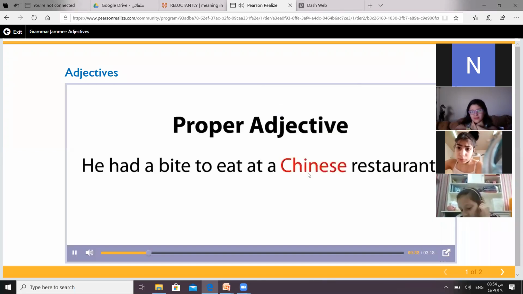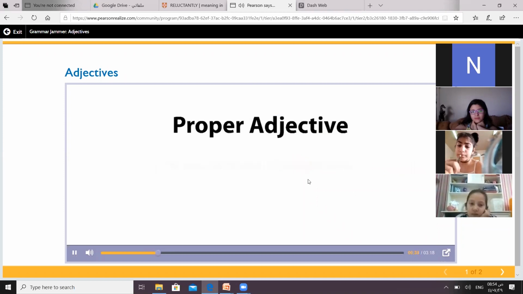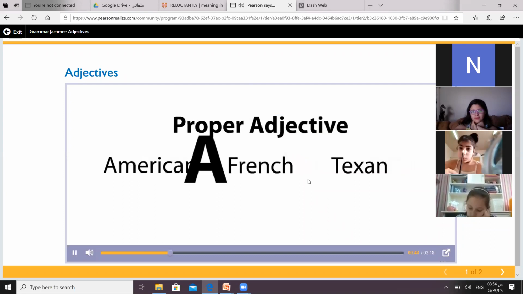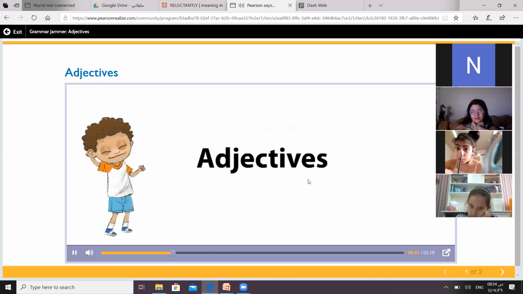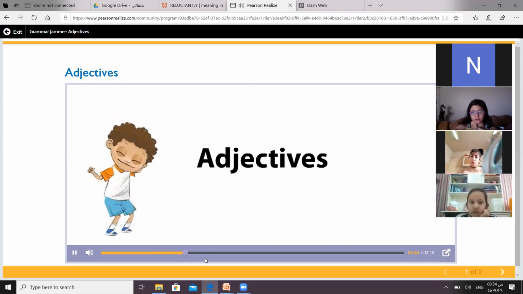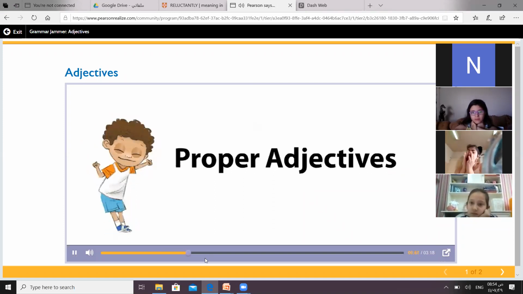A Chinese describes the restaurant, use capital C of course. A proper adjective is formed from the name of a person, place, or thing. It's capitalized just like a proper noun, like American, French, or Texan. We like those adjectives. Get down, get funky, start using proper adjectives.